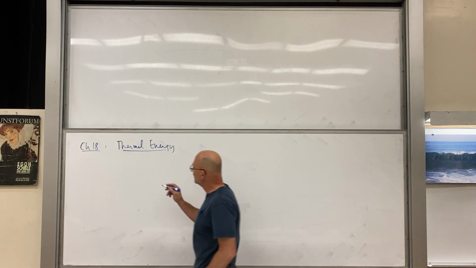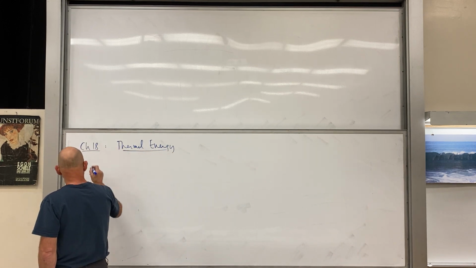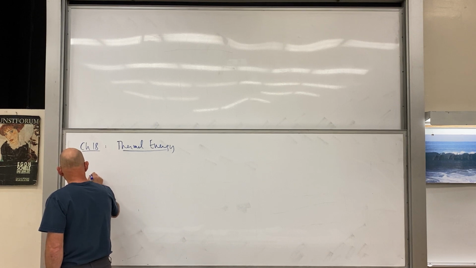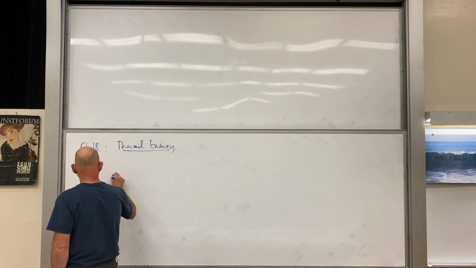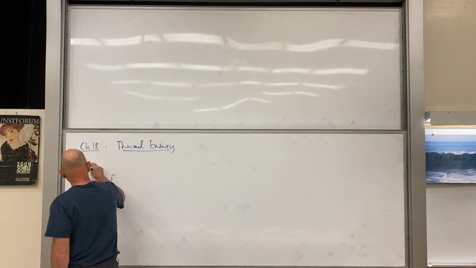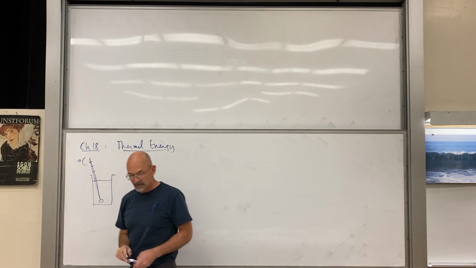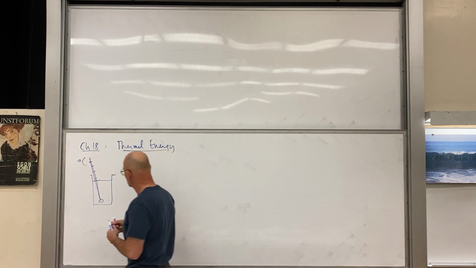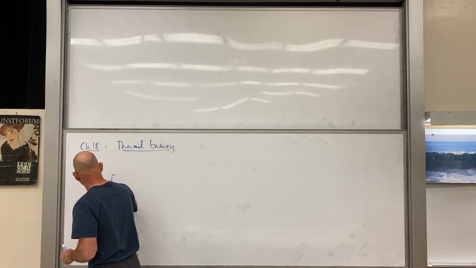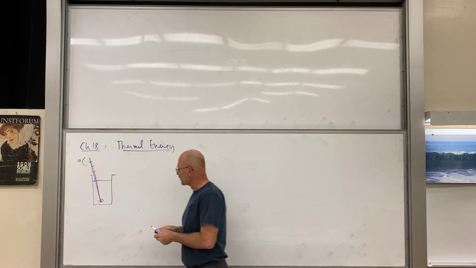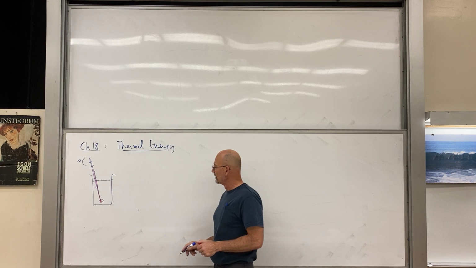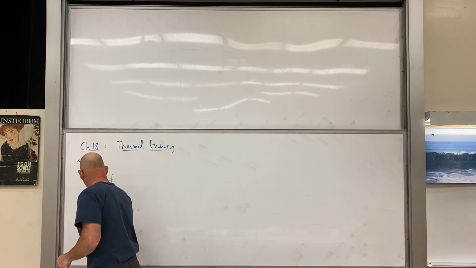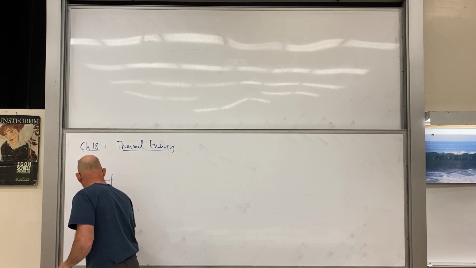So we have the idea of the thermometer that we've already talked about. There's our thermometer, in degrees Celsius. So we have a thermometer and a fluid. One thing we can do is put this thing on a stand and put a candle underneath.